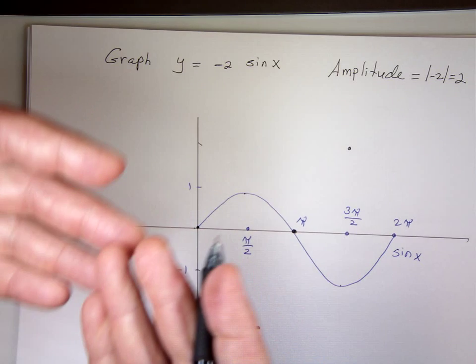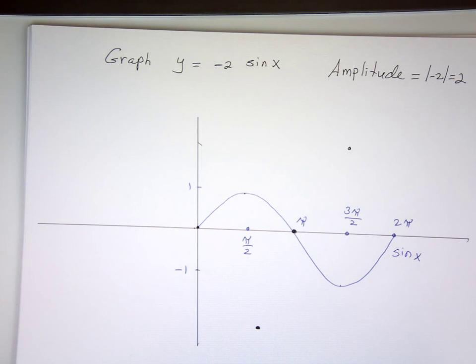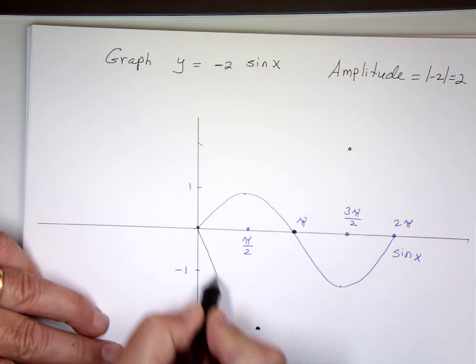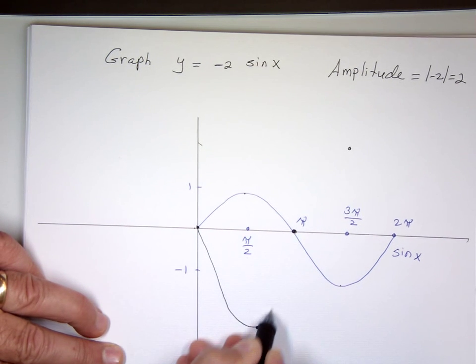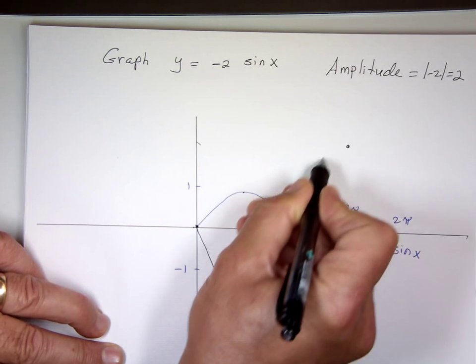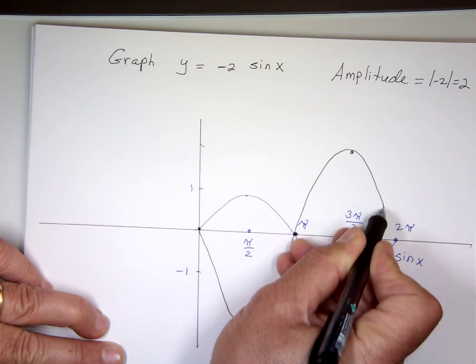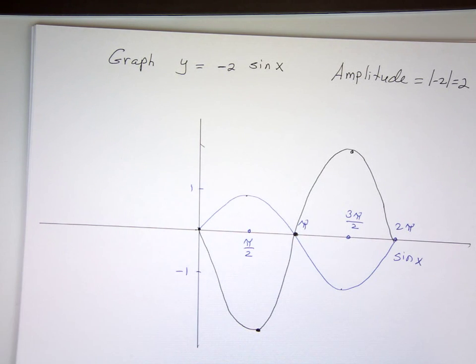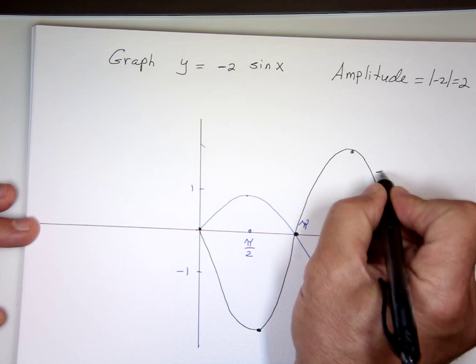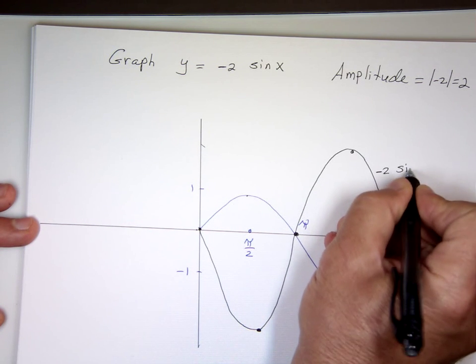The plus becomes minus, the minus becomes a plus. That's called reflection. That's what the graph will look like. So where it used to be plus, now it's minus. Where it used to be minus, now it's a plus. This is negative 2 sine of x.